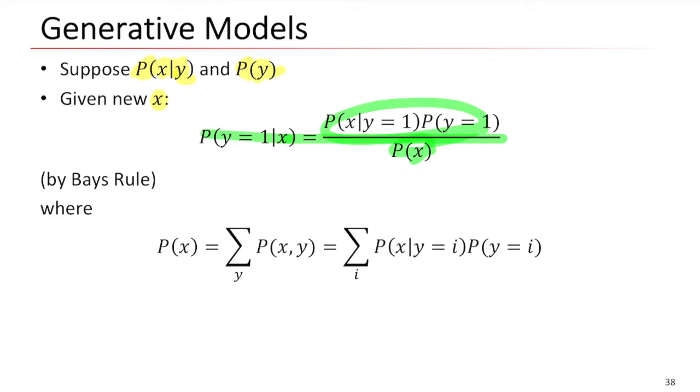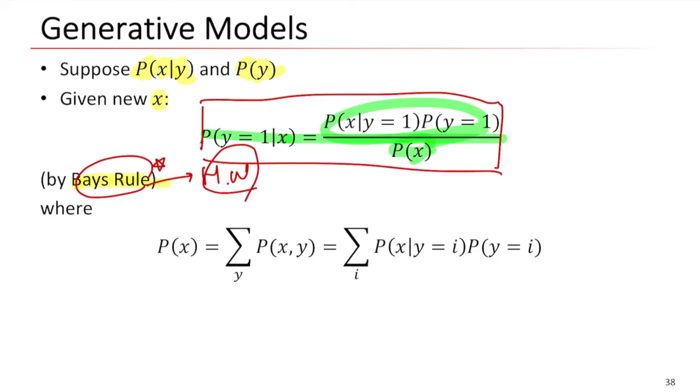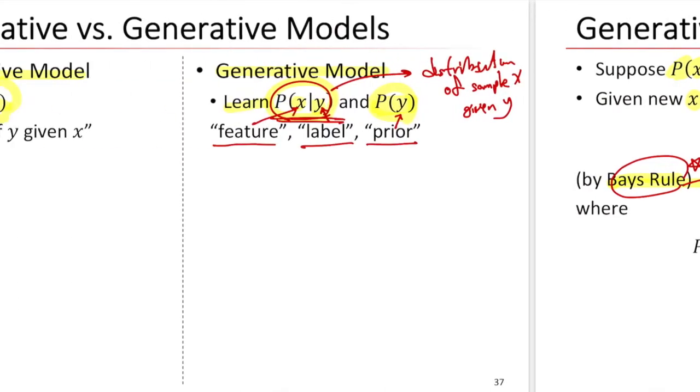p(x given y=1) times p(y=1) over p(x), by Bayesian rule. You know what the Bayes rule is, right? Please look up what the Bayesian rule is. Anyway, we can represent the probability of the class y equal to 1 given x like this.